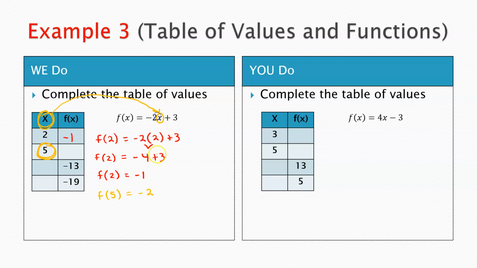Instead of saying times x here, we're going to say times 5 plus 3. And again, f of 5, just to keep track what number we used. -2 times 5 is -10. -10 plus the 3 we bring down is going to give us -7. F of 5 is -7. That's telling me that when I plugged in 5 for x, my output was -7 for my f of x. So there we have it.